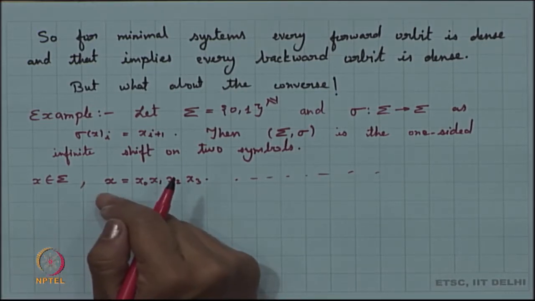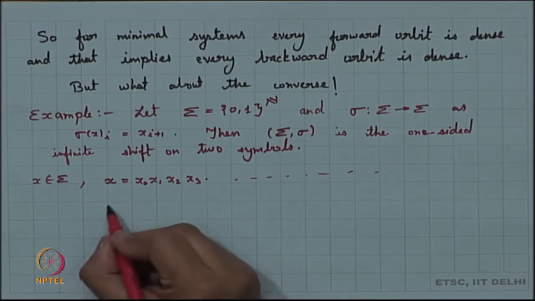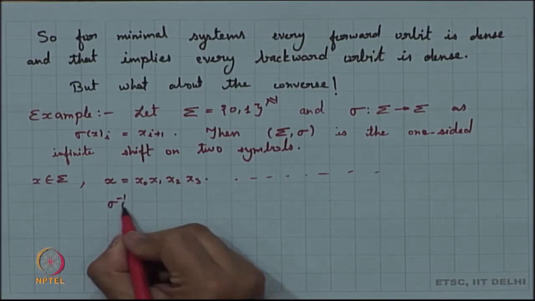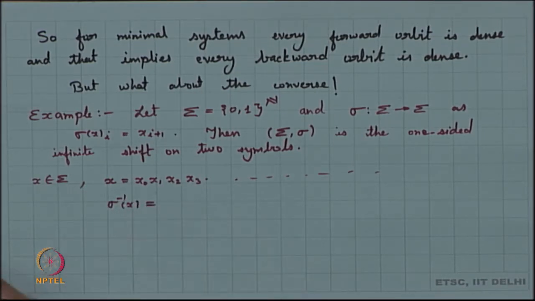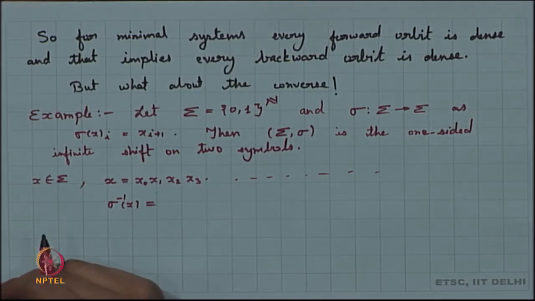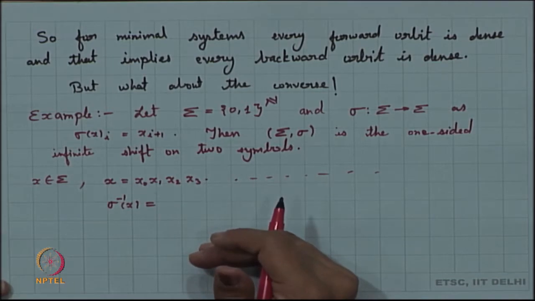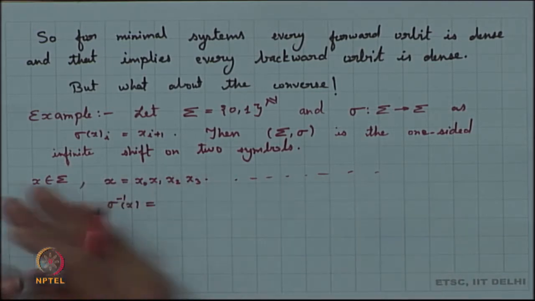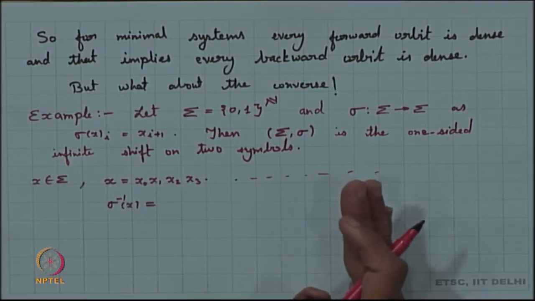What can we say about sigma inverse x? What is sigma inverse x? Basically I am looking into all those points which are mapping into x after shifting. We are just forgetting the first symbol, shifting it up, and what we get as a result is x.